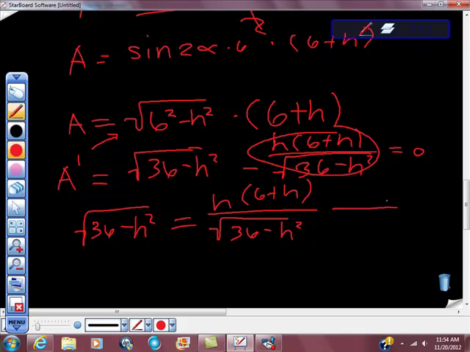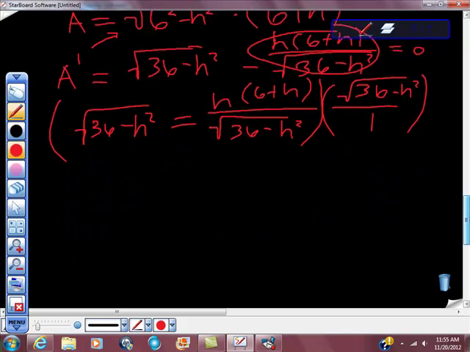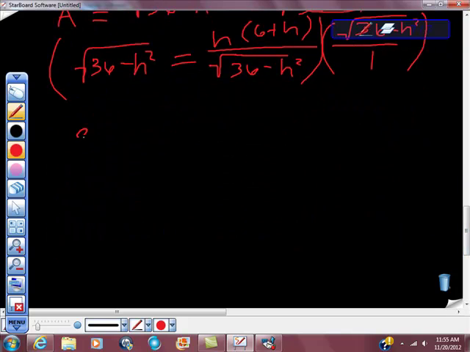We're gonna divide both sides by the square root of 36 minus h squared over 1, or I could just multiply both sides like that. So now we ended up with 36 minus h squared is equal to h times 6 plus h.